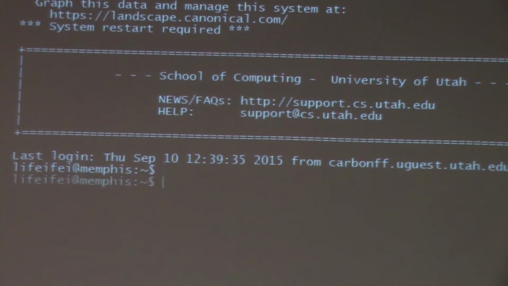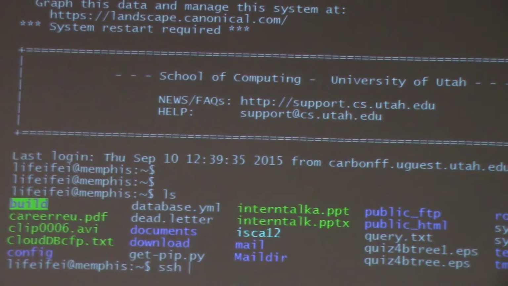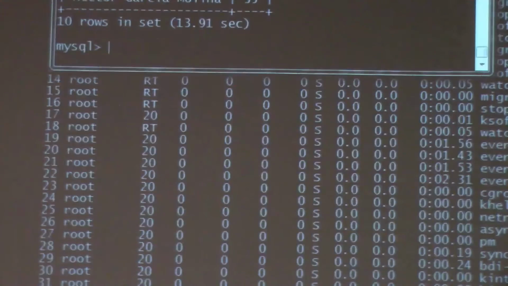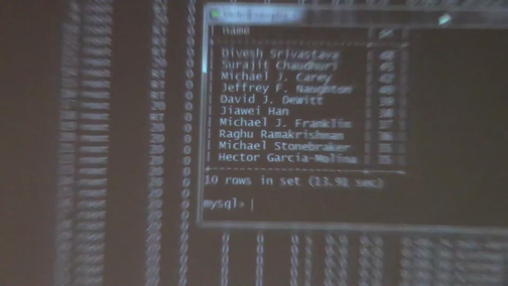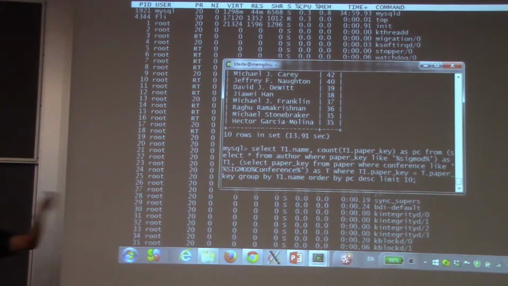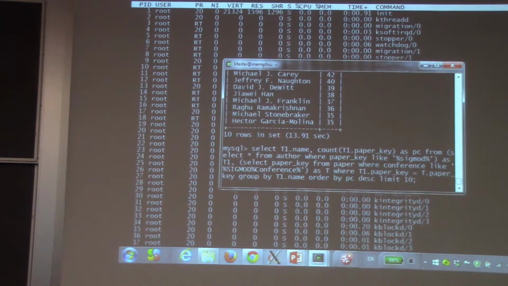Let me show you why. Okay, let's do a top. Let's fire up this query. So obviously nobody is using CPU and memory at this moment, right? Let's fire up this query. Can you see what's going on?